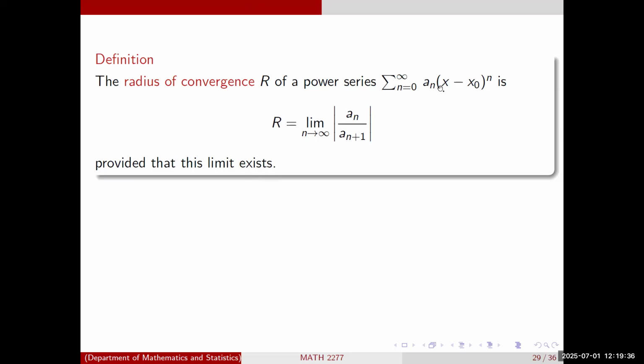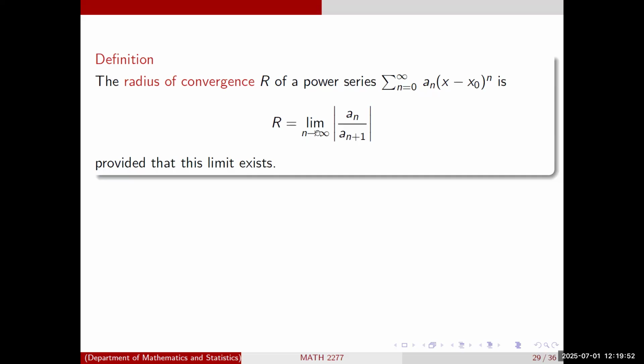All we are focused on are the a's. So R is equal to the limit as n goes to infinity of the modulus of a_n over a_(n+1), provided that this limit exists.